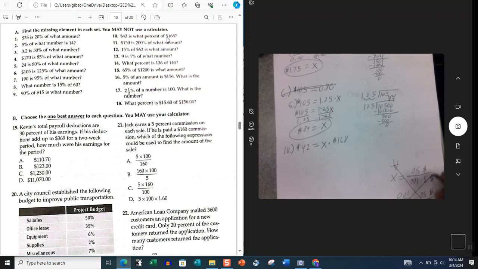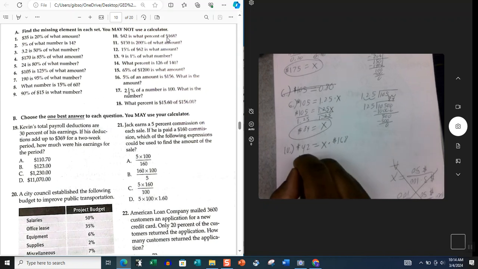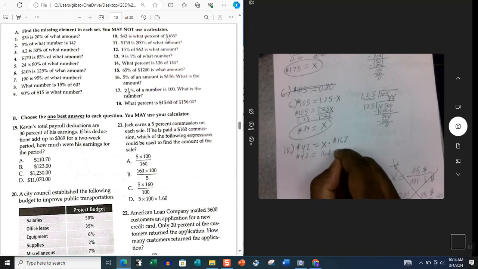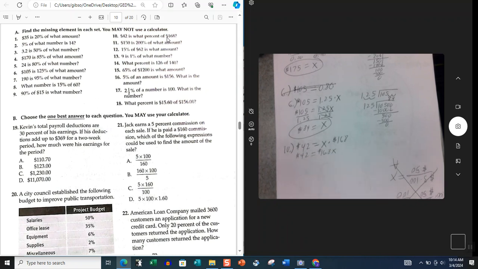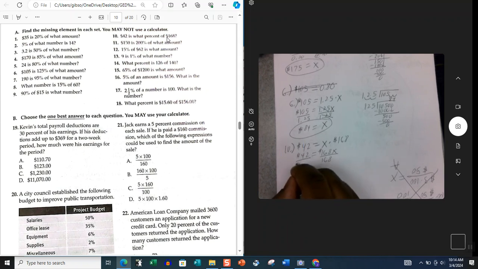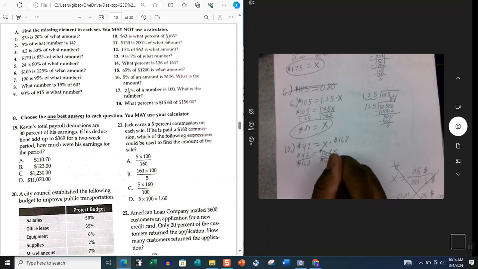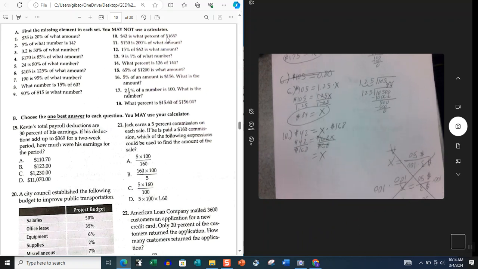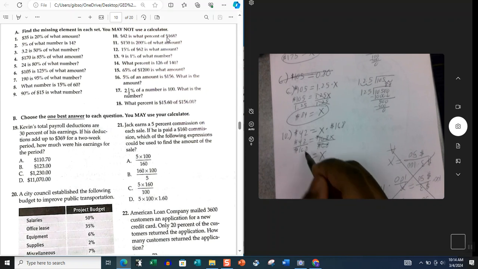Now, we go here, we have $42 is equal to $168x. Now we would divide each side by $168. These two will simplify out and leave you x. Now we have 42 over 168.